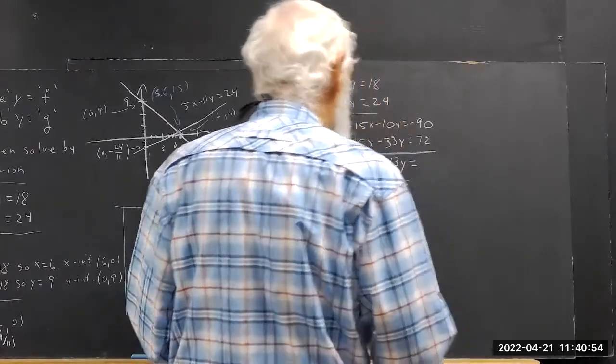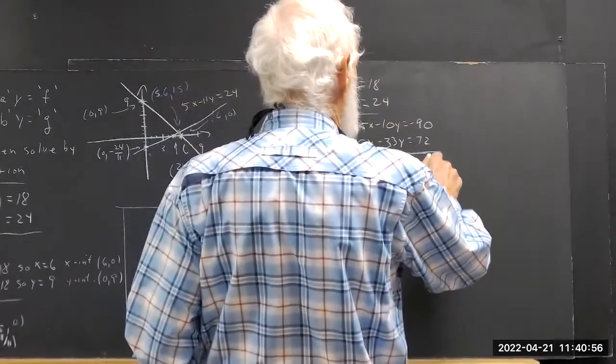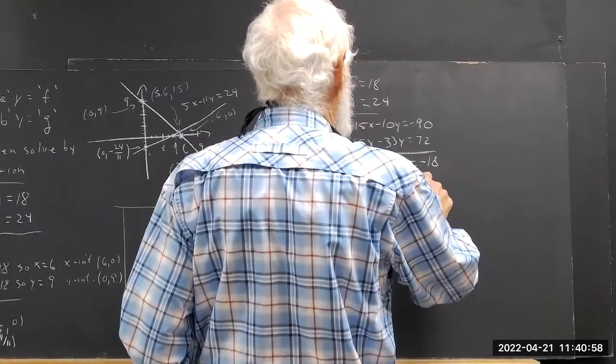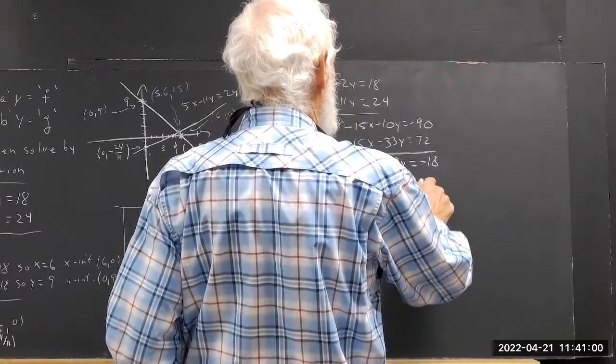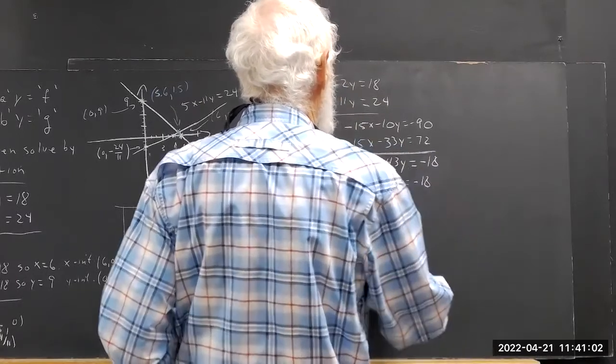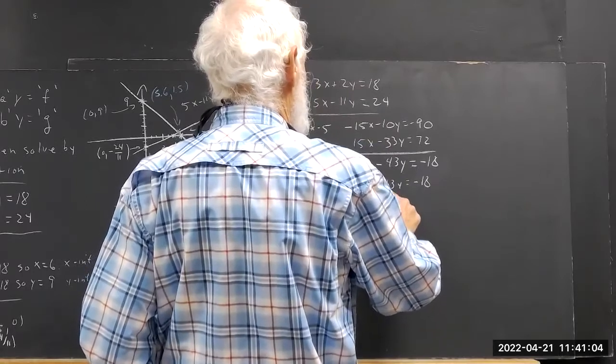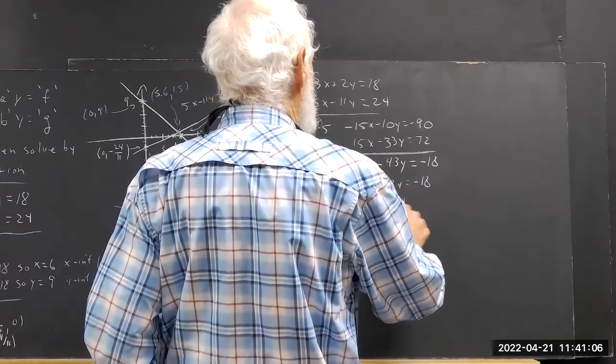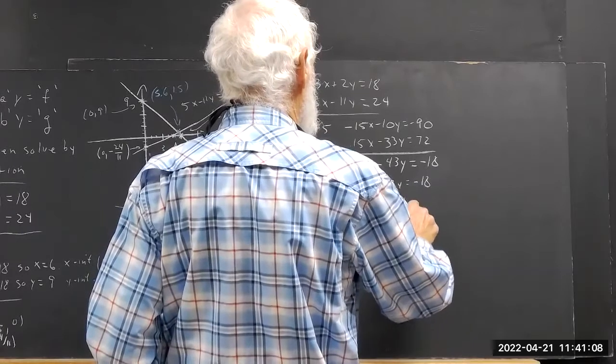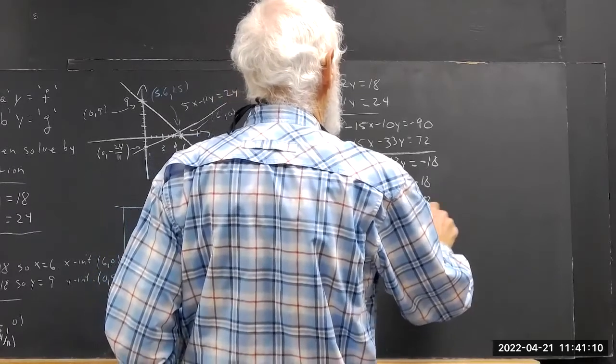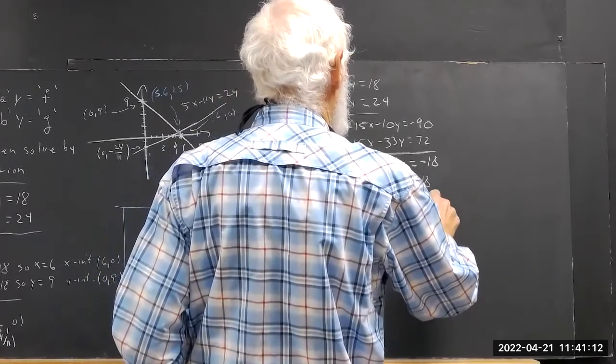If it wasn't pathetic, it'd be funny. So it's negative 18. So we get negative 43y equals negative 18. And then solve for y: negative 43y over negative 43 equals negative 18 over negative 43.